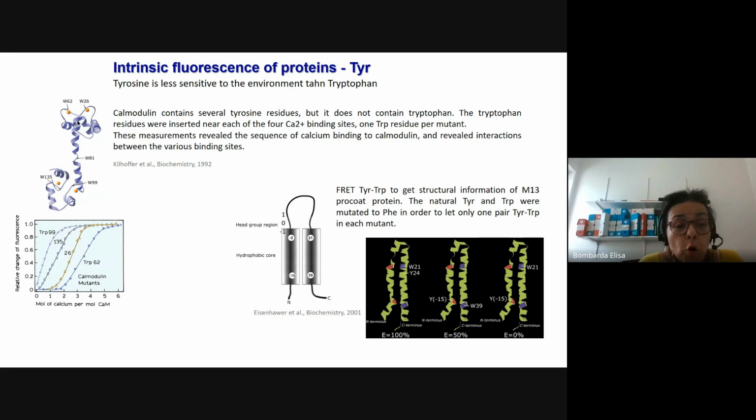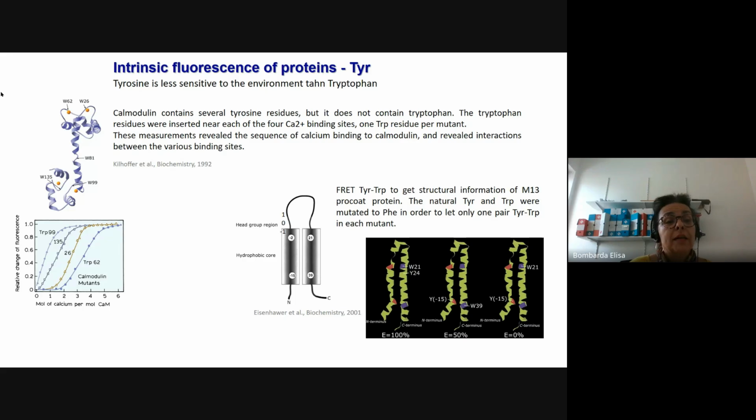So often a good strategy is that the tyrosine can be mutated, substituted by a tryptophan, and then you can continue your study. That is a mutation that should not affect the structure too much.